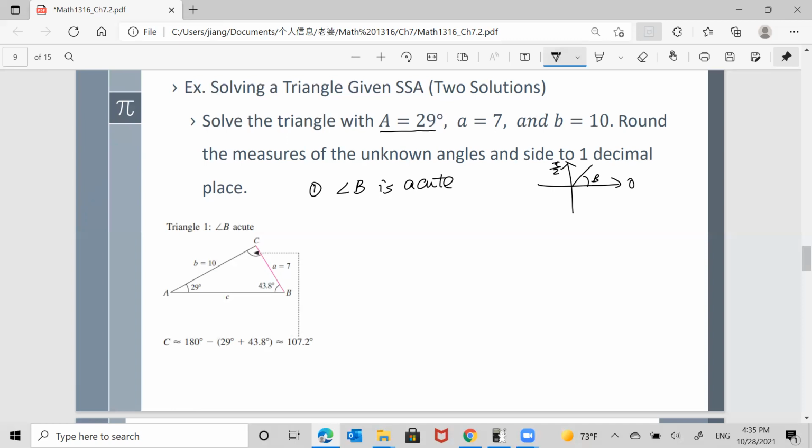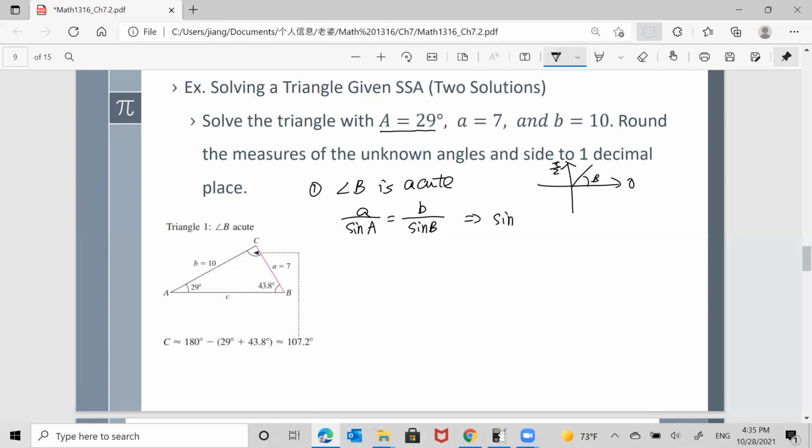Angle A and side a are given. So a over sine A equals b over sine B. We are looking for B. Oh no, sine B, sorry. I'm skipping some steps.